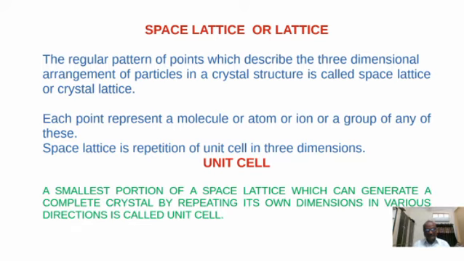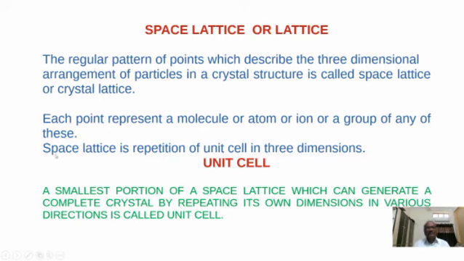Is it clear what is the meaning of space lattice? It is a regular three-dimensional arrangement of particles of a crystal in space. That is called space lattice or lattice. How is the space lattice developed? Space lattice is developed by arrangement of unit cells in three-dimensional fashion.